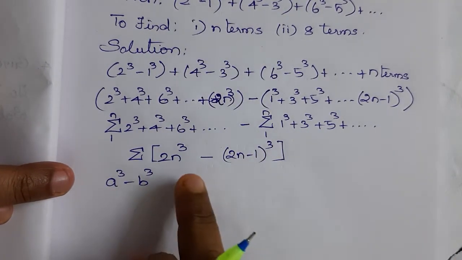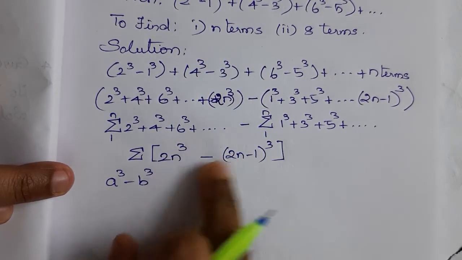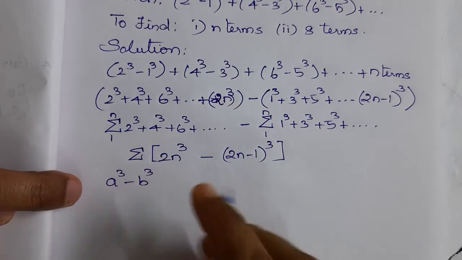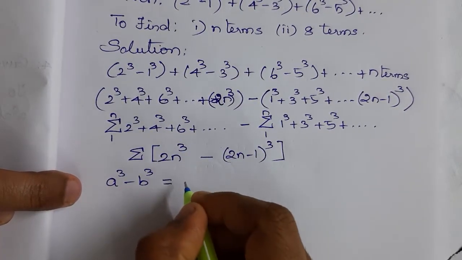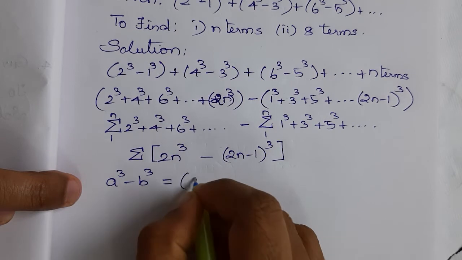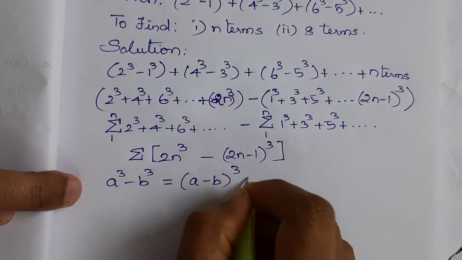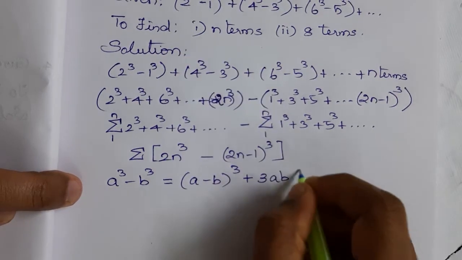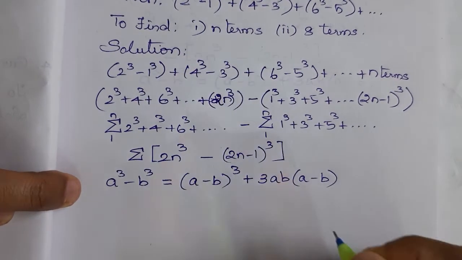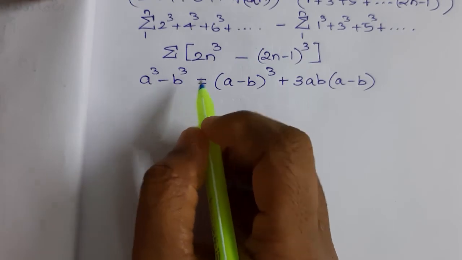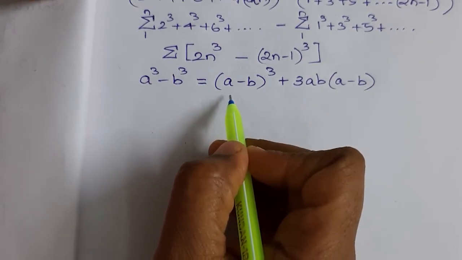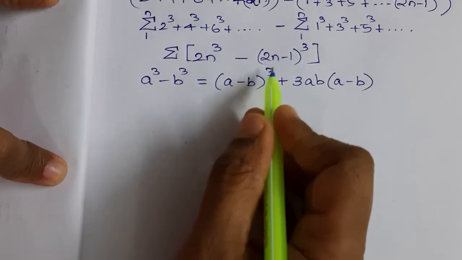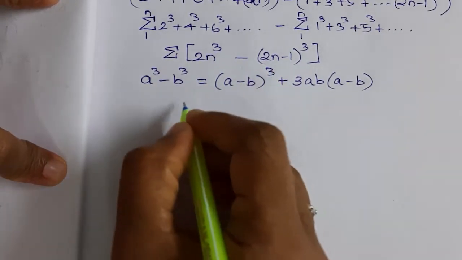So this is in the form of a cube minus b cube and we are going to use the identity where a cube minus b cube is nothing but a minus b the whole cube plus 3 into ab into a minus b. Now we are going to apply this in the identity. So the value of a is 2n and the value of b is 2n minus 1.